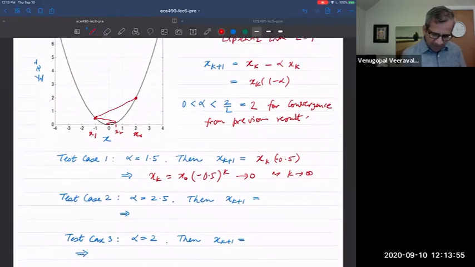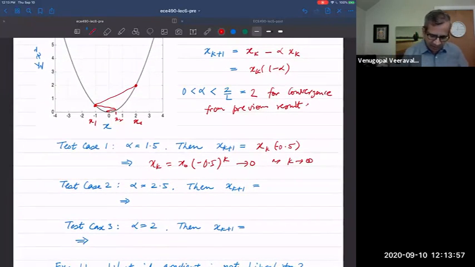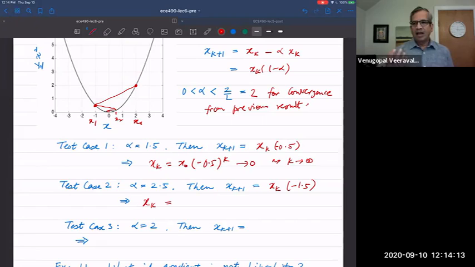Now let's see what happens when the condition is violated. Let's first take the case when alpha is 2.5. Then xk plus 1 is xk times minus 1.5. This is an example where, with a fixed step size, even though I'm doing gradient descent, xk and the function could blow up.